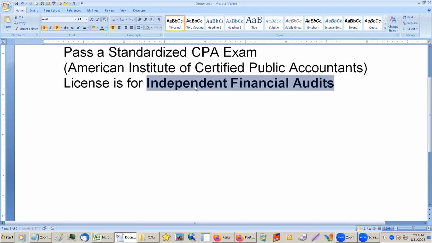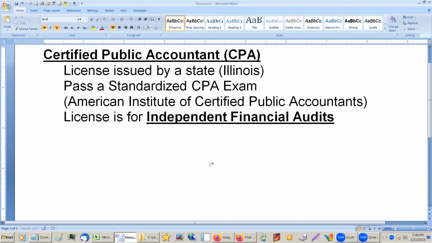And these are important. These are, for instance, if somebody, well, it could be any number of ways, but you basically look at their financial statements and see if their financial statements can be relied upon. Only CPAs can do that. So it's a very narrow license. It's only for audits of financial statements.